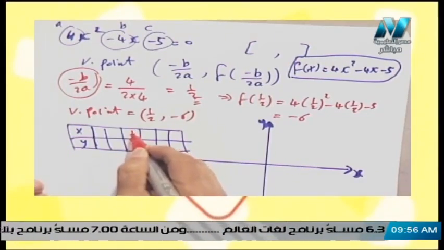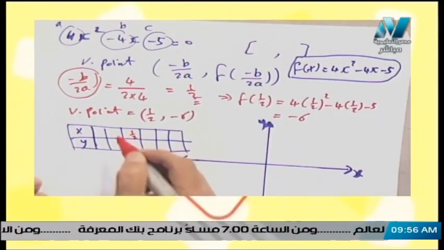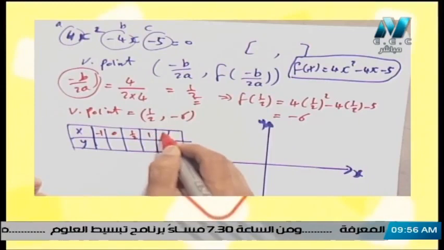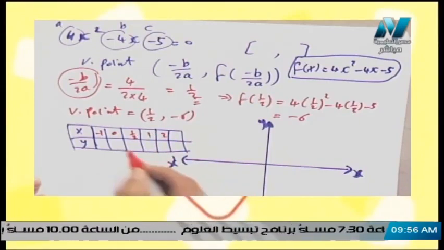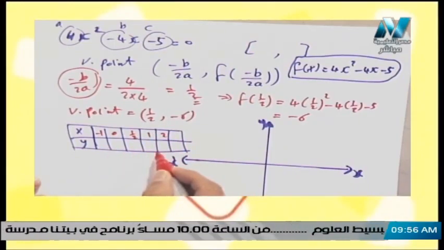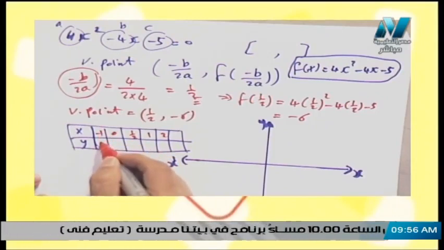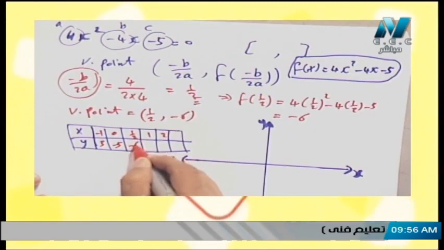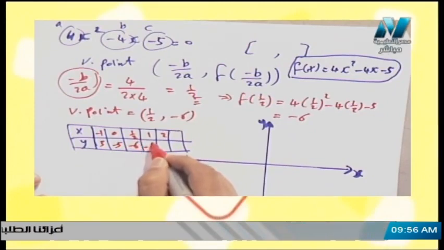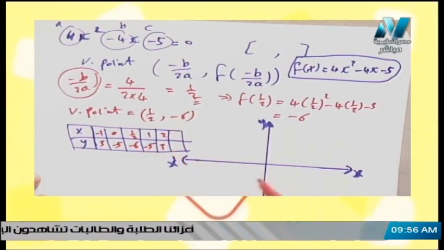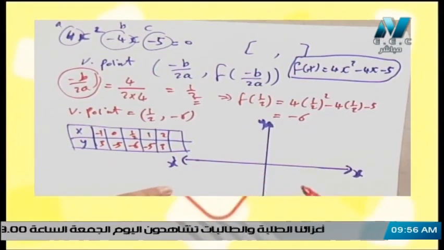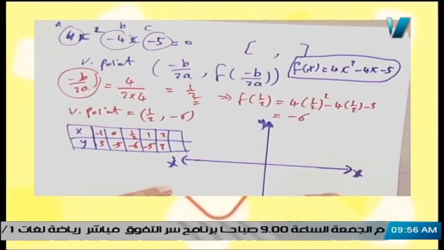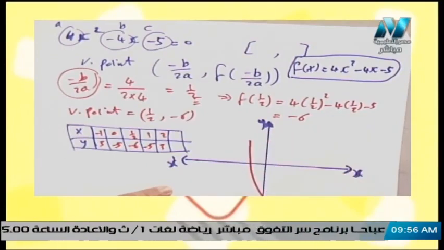Half here for x, we can put here 0 and negative 1, here 1 and 2, and complete this table. You will find that for negative 2, its y equals 3, here negative 5, negative 6, negative 5, and 3. And you will find that this curve will take this figure.